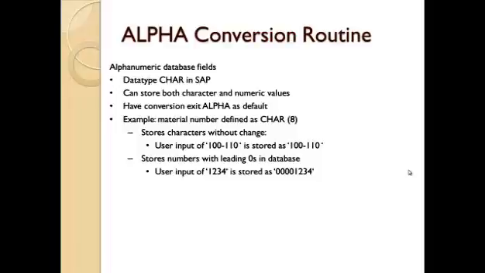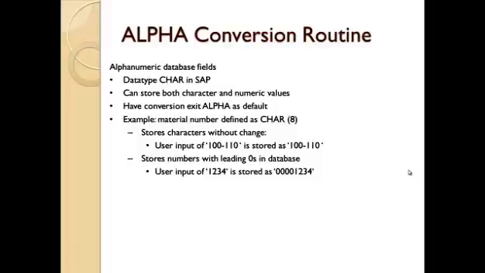Okay, and for a CHAR data type, the default conversion routine or default conversion exit is alpha. Okay, so alpha is used by SAP automatically unless you specifically say no. Okay, if you don't want to use alpha routine, you have to delete that from the conversion field.